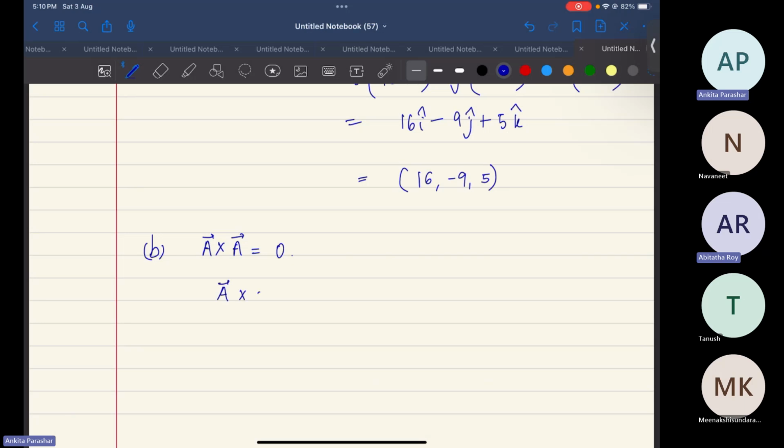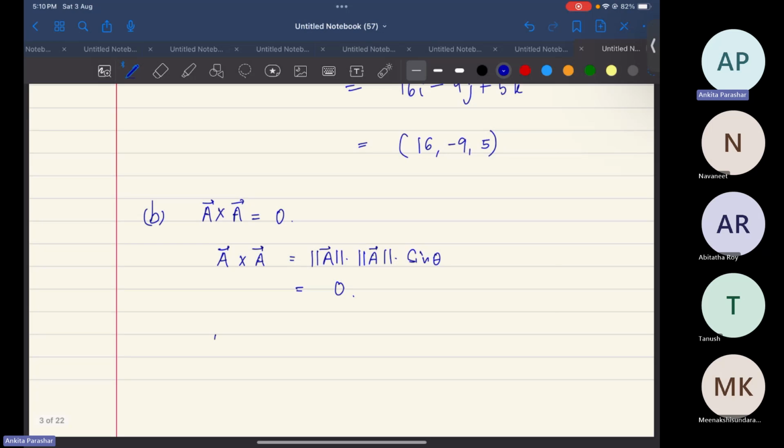And sine 0 degree is 0. So even in that way, we get 0. Yes, this is another way.